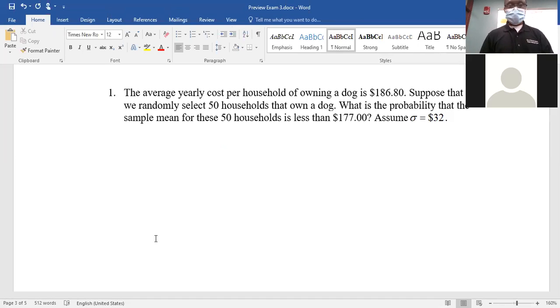So because we are looking for the probability about the sample mean, first let's compute the standard error of estimate.